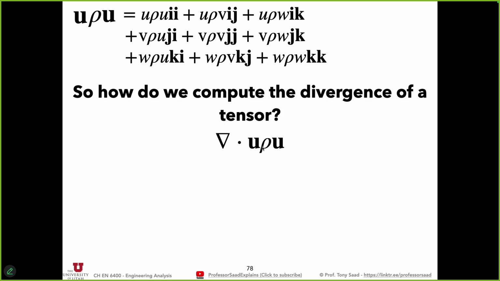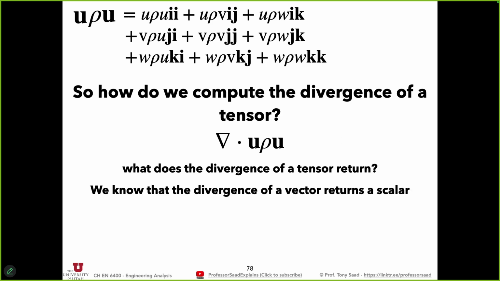The divergence of the advective flux is the net of what's coming in and what's leaving. So you subtract and add whatever is leaving and whatever is coming in. Whatever is left in your control volume, that's the divergence of the advective flux. And we talked last time, you asked, what does the divergence of a tensor return? And we argued that the divergence of a vector returns a scalar, but the tensor is one rank higher than a vector.